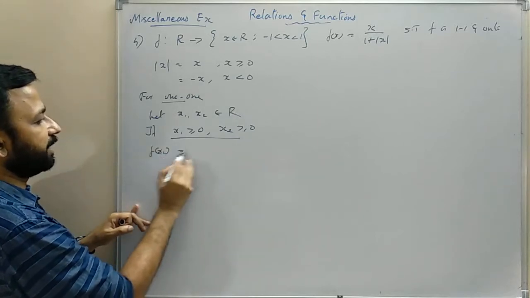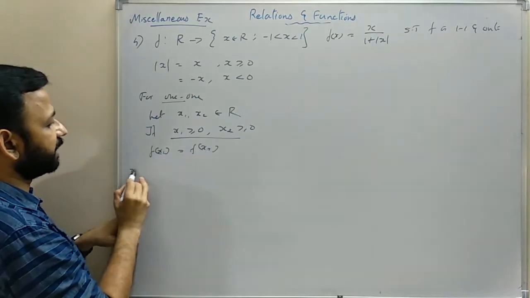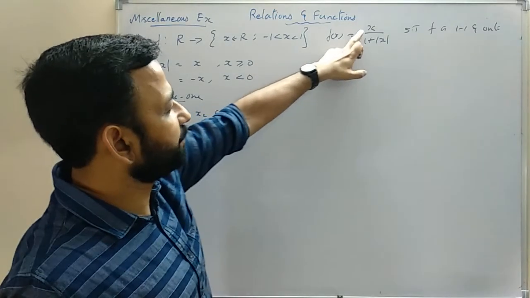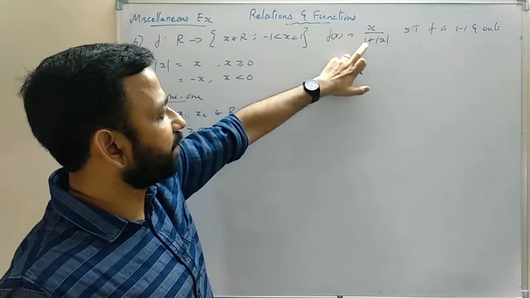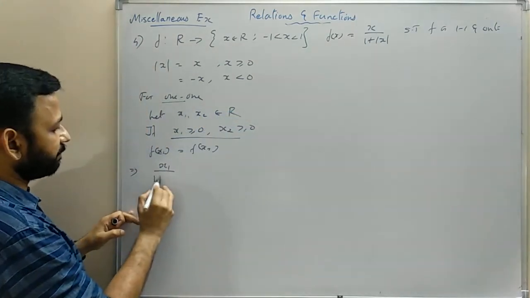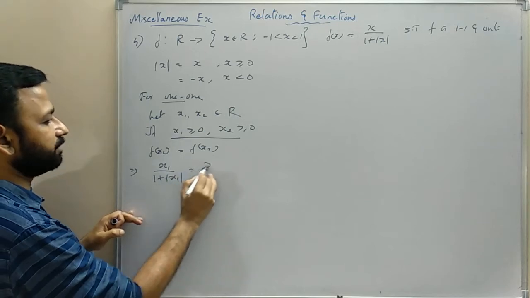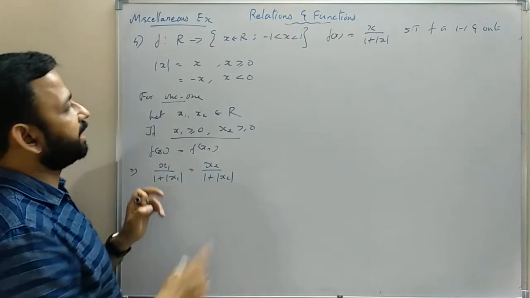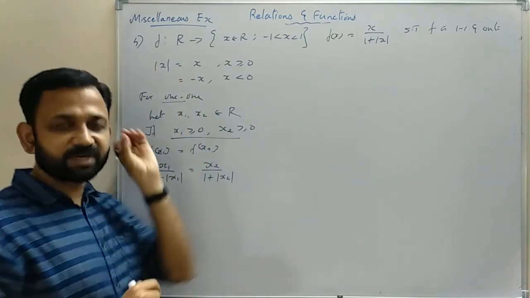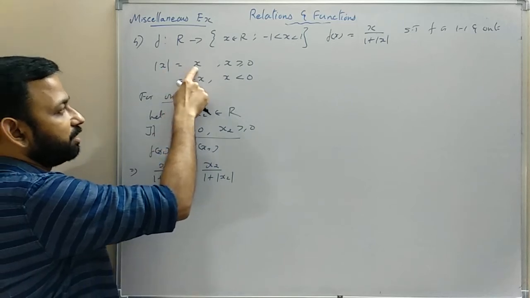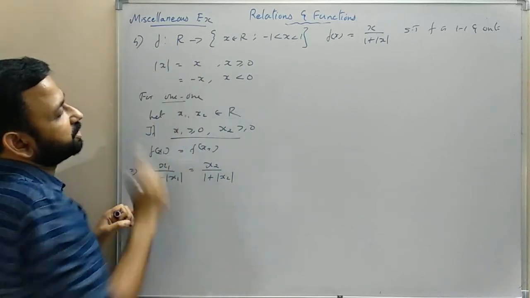f of x1 equal to f of x2 implies, where f of x is equal to x upon 1 plus modulus of x, x1 upon 1 plus modulus of x1 equal to x2 upon 1 plus modulus of x2. By using the definition of modulus function, if x is greater than or equal to 0, modulus of x is equal to x.